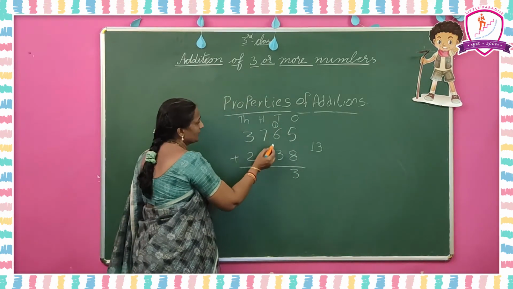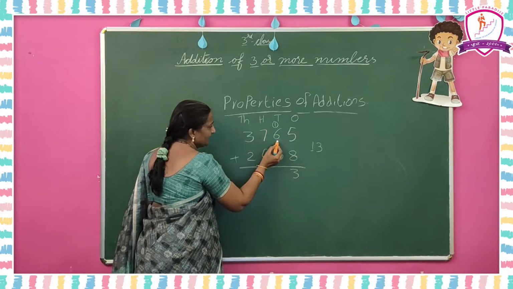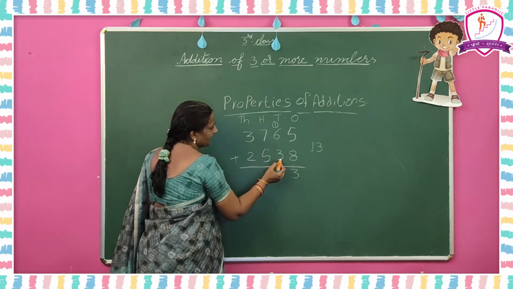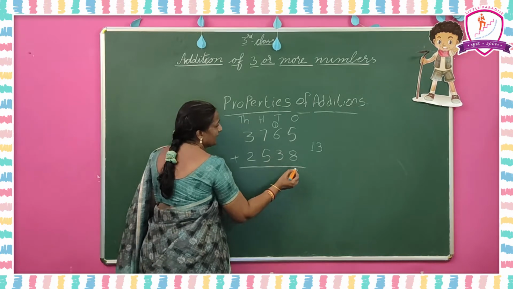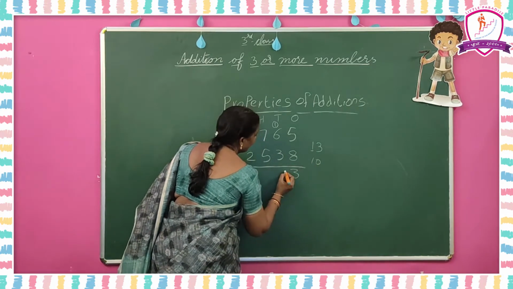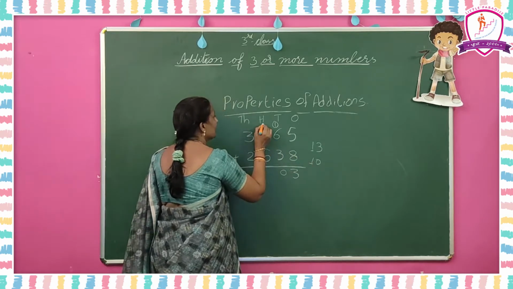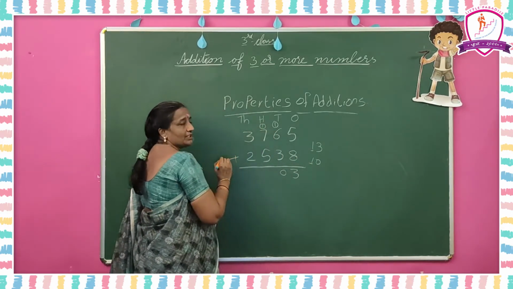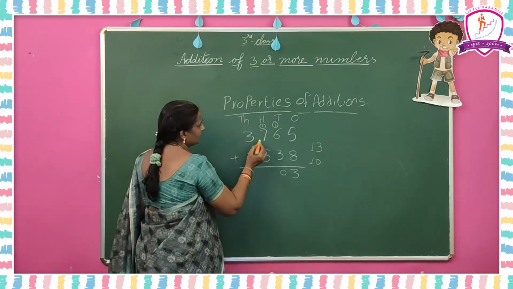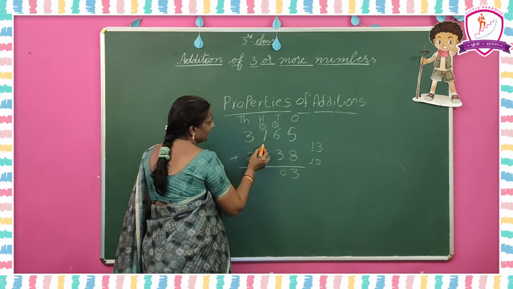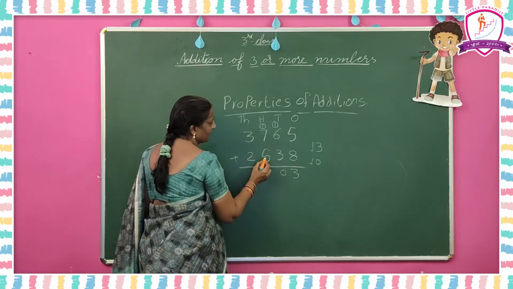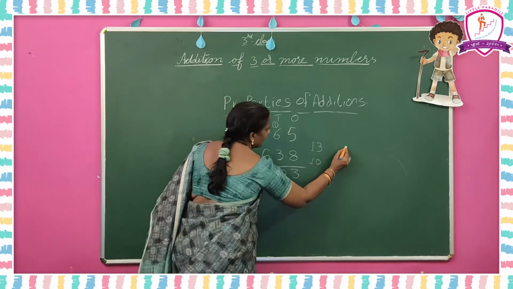Add tens column. 1 plus 6 is 7. 7 plus 3 is 10. 10 means write 0 in tens column and carry forward this 1 to hundreds column. Now add hundreds column. 1 plus 7 is 8. 8 plus 5 is 13. Again we got 13.